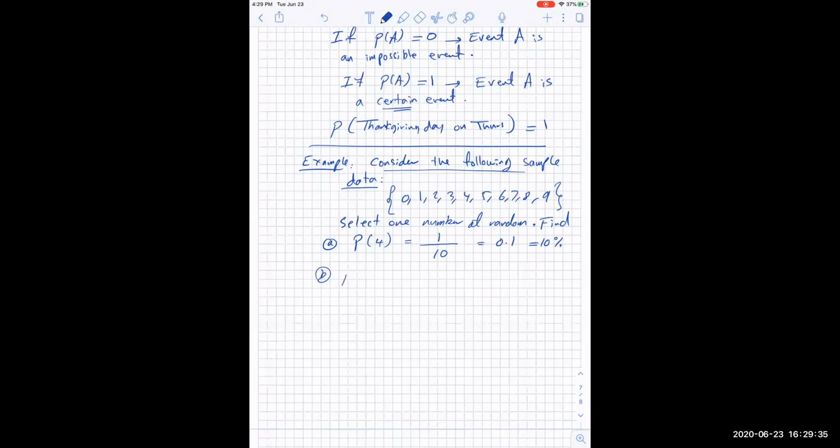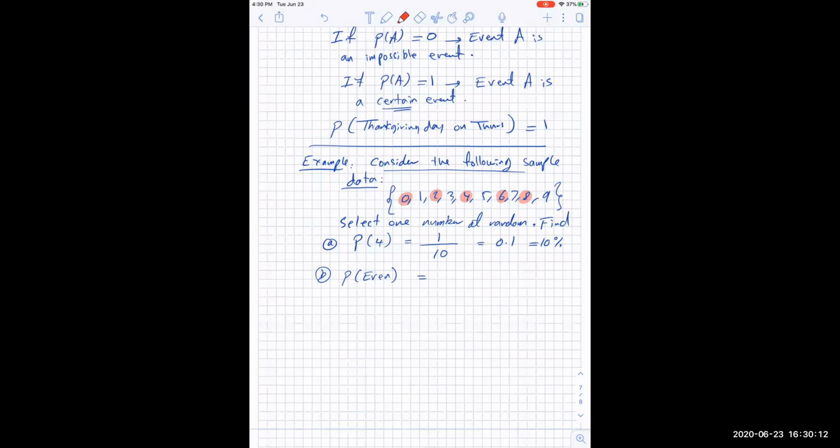What is the probability of selecting an even number? How many even numbers do I have? 0, 2, 4, 6, 8. 5 numbers in this set fit the description of an even number.